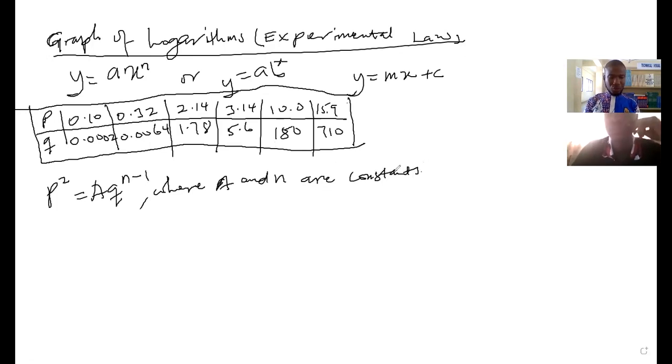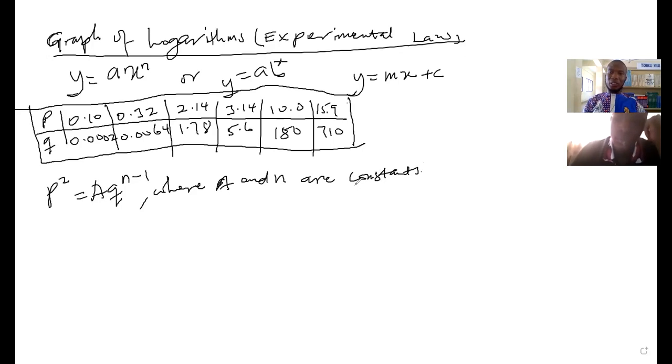By drawing a suitable linear graph, determine the values of A and n, each correct to one significant figure. So that is where we are taking it from.